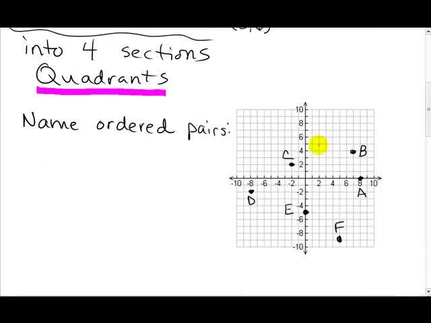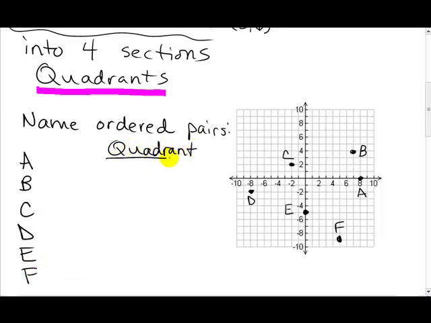Okay, here I have put some dots on this coordinate system, and I want you to name the ordered pairs. Just come over here and list them: A, B, C, D, E, and F. I also want you to name the quadrant that it is in.